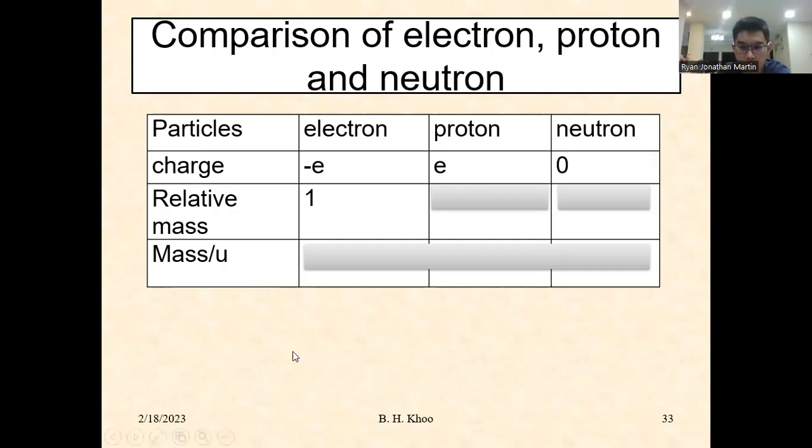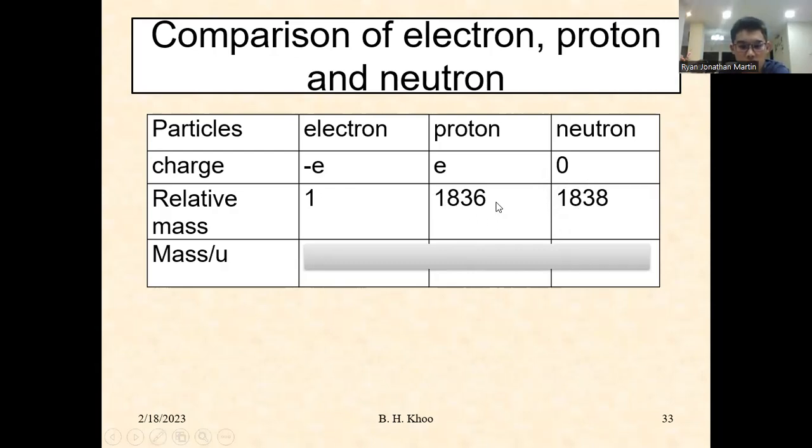If the relative mass of the electron is 1, how about the proton? Just give an estimate. About 2000. If you compare with the electron, it's about 2000. The neutron is still about 2000.